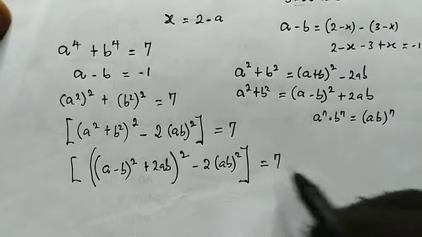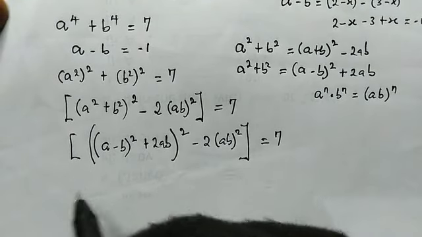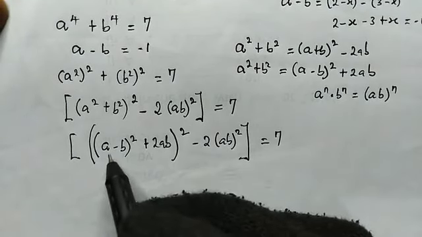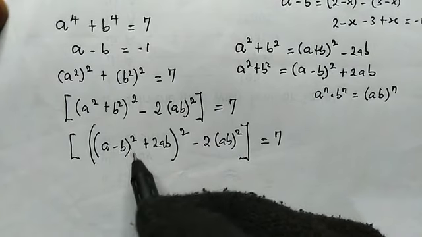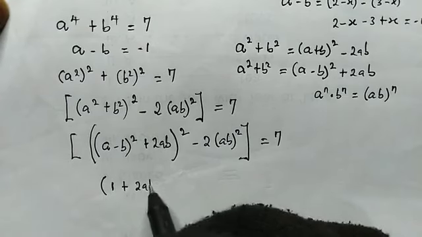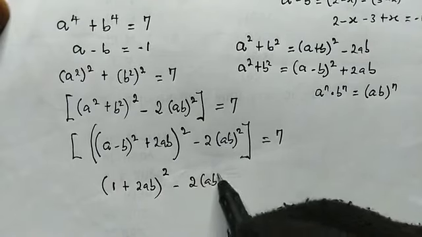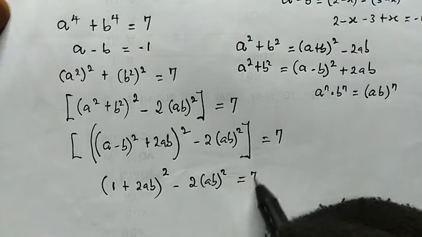Then this is equal to 7. Remember, a minus b is negative 1, so we're going to substitute. So here (a minus b) squared will be negative 1 squared, which is 1. So we get here 1 plus 2 times a times b, squared, minus 2 into bracket (ab) squared. This is equal to 7.